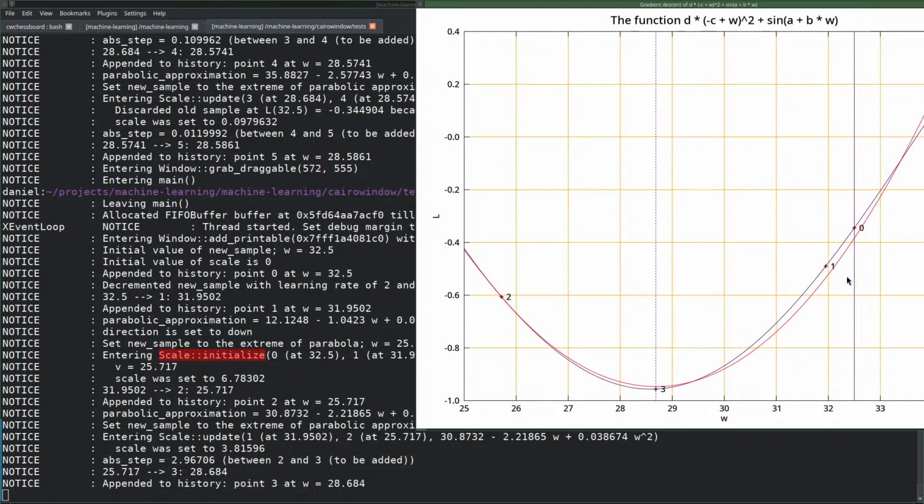Yeah, it's good enough to find the vertex. Well, it's good enough to find a point close to the real vertex. It doesn't have to be that precise. I believe this is totally fine. But if later on I would want to compare it vertically, then it is a problem.